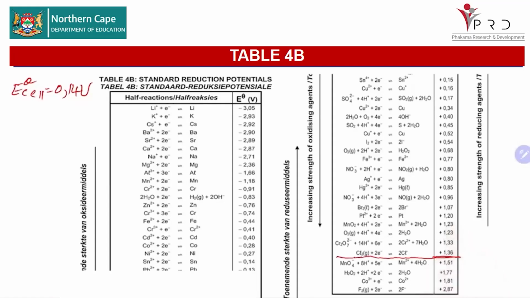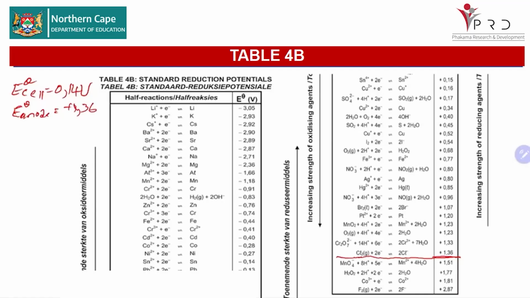Very important. Now, we know two things. We know that chlorine is at the anode. We said our E anode, which is chlorine, is positive 1.36. So you're able to get those two.